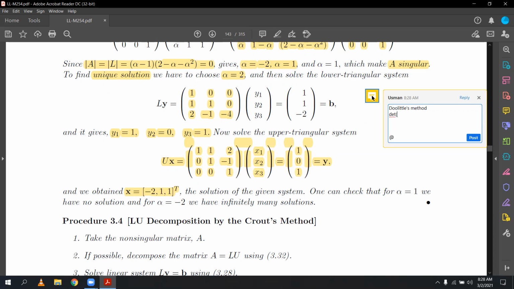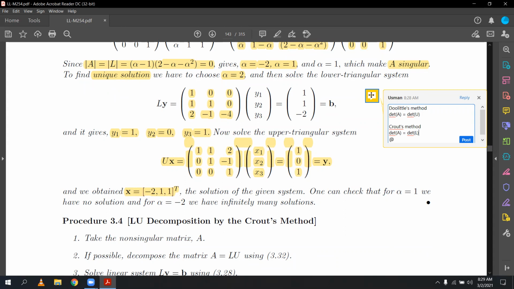The determinant of A always equals the determinant of U. And in the second variation, the Cross method, how can you find the determinant of A? We have the formula: determinant of A equals determinant of L times determinant of U, and each of those is only the multiplication of their diagonal elements.